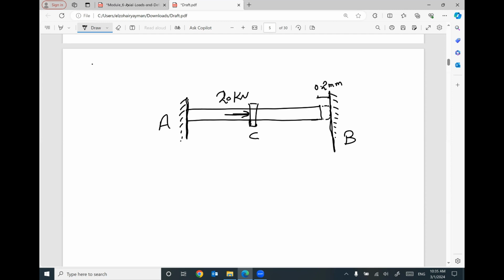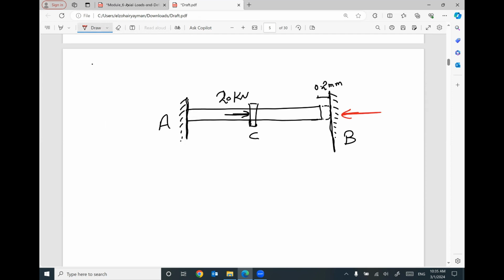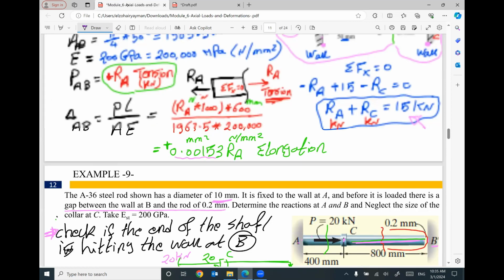So only 0.2 millimeter is allowed, and then we will have a reaction here, RB, and we will have a reaction here, RA, like we did in the previous example.